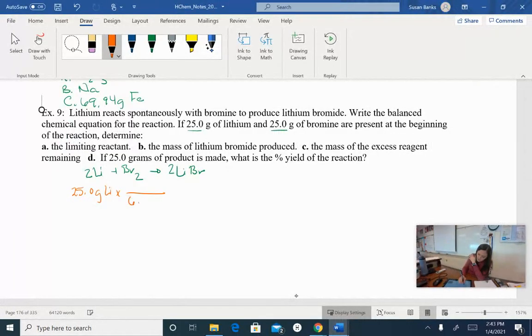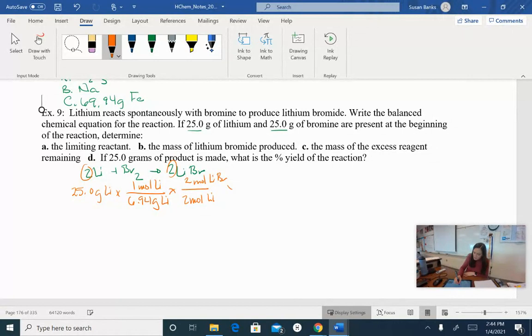So I have 6.94 grams of lithium in 1 mole of lithium. Then my next step is to use my molar ratio from my balanced equation. I have 2 moles of lithium to create 2 moles of lithium bromide.